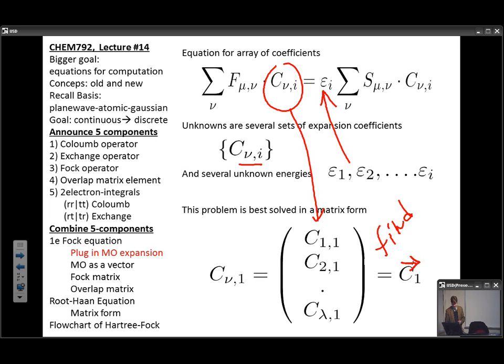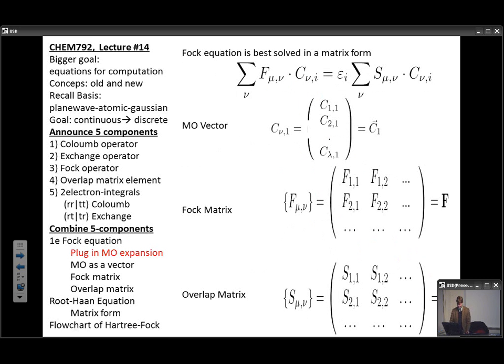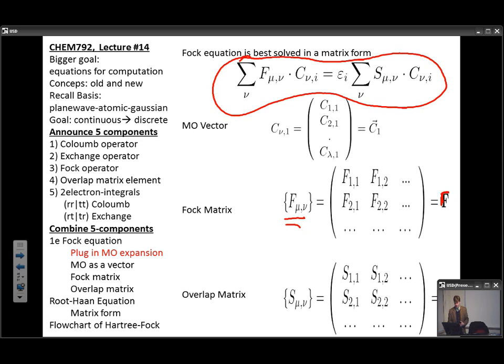And in order to highlight that it is a vector, you can even put the vector sign on top. Then those Fock operator matrix elements are also arranged in a matrix, and to denote it we use bold face, and overlaps can also be composed into a matrix, and then we just translate the Fock equation into the matrix form.